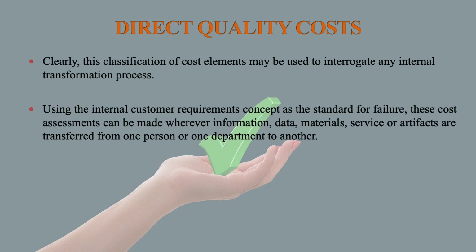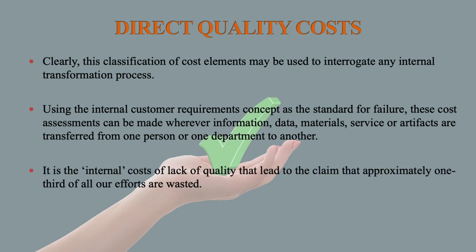Using the internal customer requirements concept as the standard for failure, these cost assessments can be made wherever information, data, material, service or artifacts are transferred from one person or one department to another. It is the internal cost of lack of quality that leads to the claim that approximately 1/3 of all our efforts are wasted.